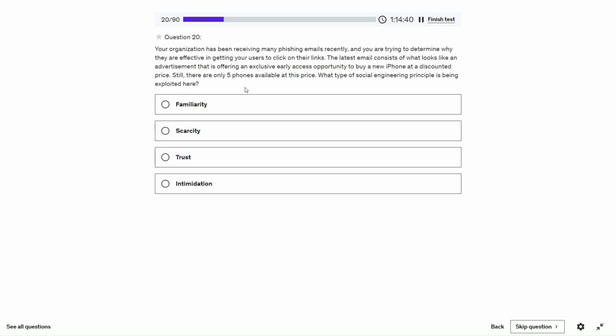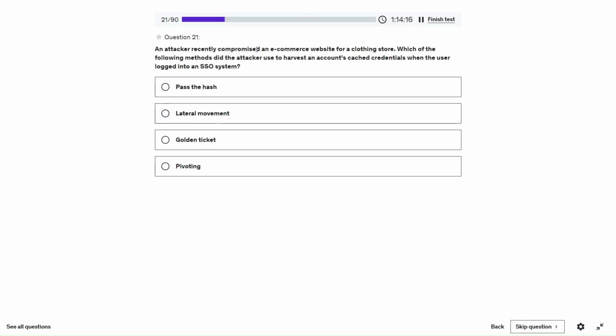So it's not familiarity, not trust, not intimidation, only scarcity, because it's giving you the risk that you will lose the chance to buy the phones if you get late.